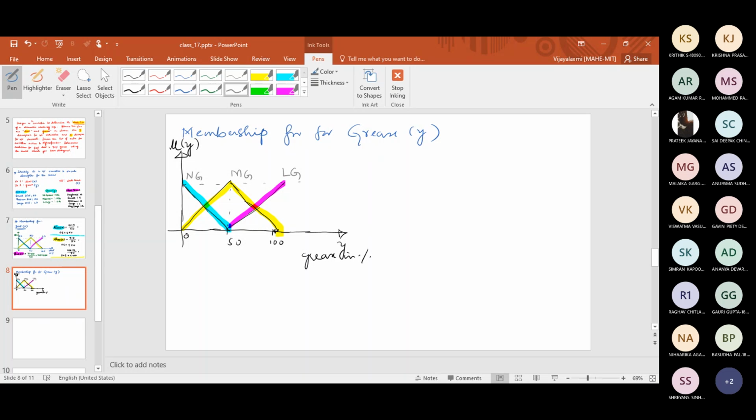I have written no grease, medium grease, large grease. You may ask me why I have considered 0 to 50 as no grease. It is just in fuzzy; I considered it as no grease, even though there is some. I should have considered it little or small grease, but it is okay. Here I have already represented it.